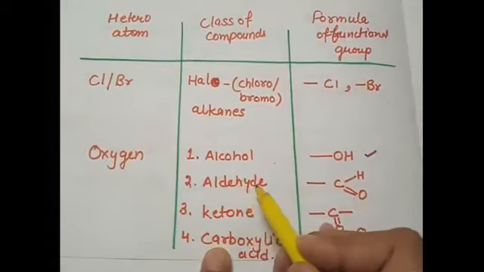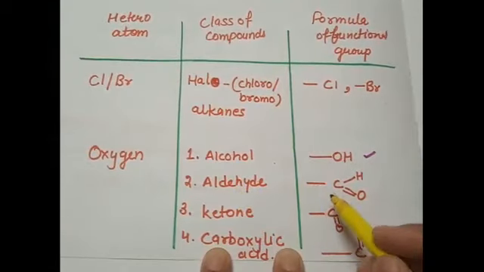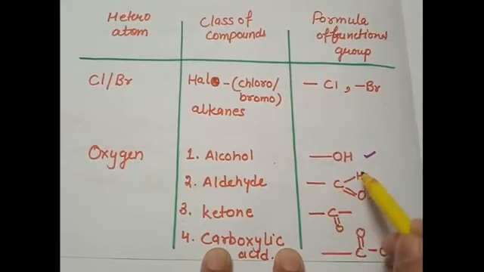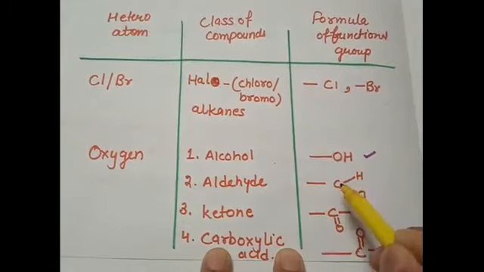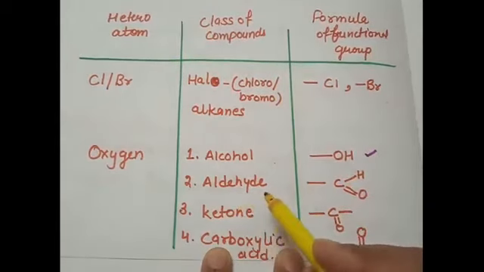Then we have aldehydes. Aldehyde means when there is a replacement of hydrogen and addition of CHO, where C has a single bond with hydrogen and a double bond with oxygen. The CHO functional group is known as the aldehyde group.